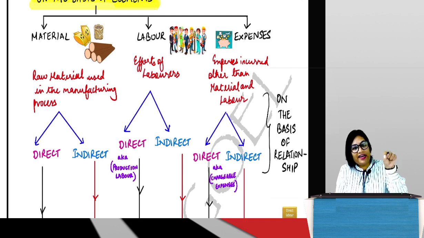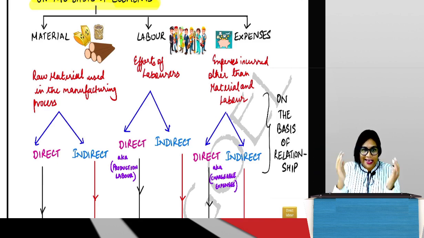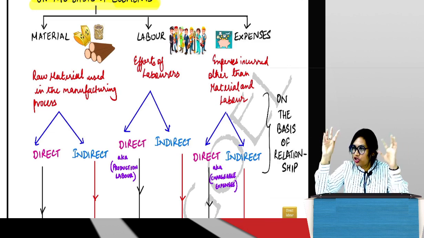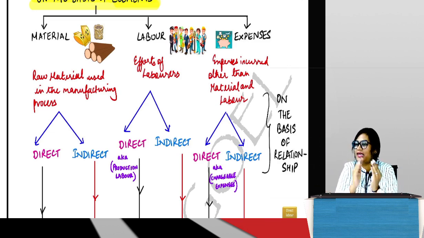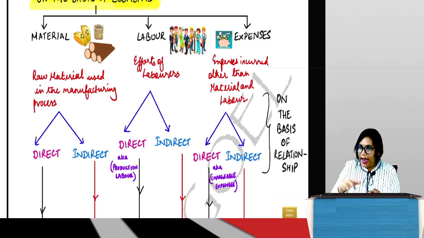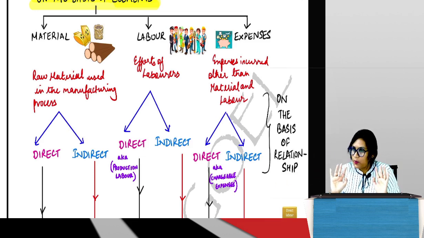So guys, ingredients are nothing but the raw material which has gone into making that cake, right? Similarly, Pratibha's effort is the labor, the human effort which has been expended so that the cake can be baked. And what does not fall under material and labor comes under other expenses.